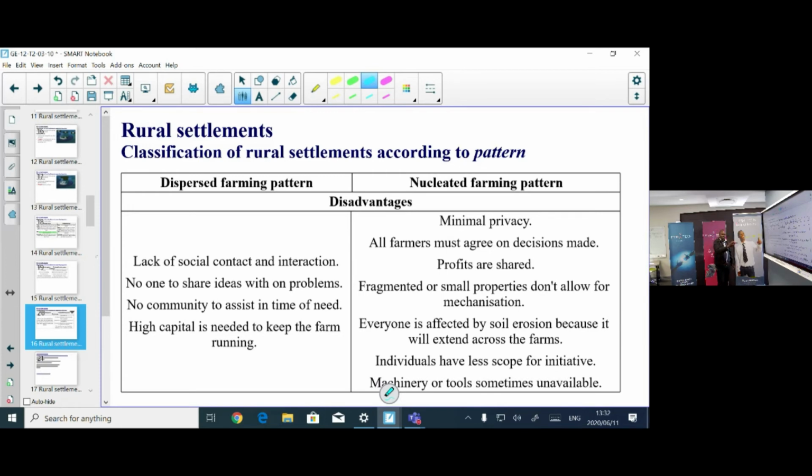This is particularly a challenge in most rural areas in South Africa, where there is a lot of erosion happening throughout the whole land because there are a lot of people on the same pieces of land, sharing the same land and tilling the same land over and over again. So individuals have less scope for initiative. Machinery or tools are sometimes unavailable.